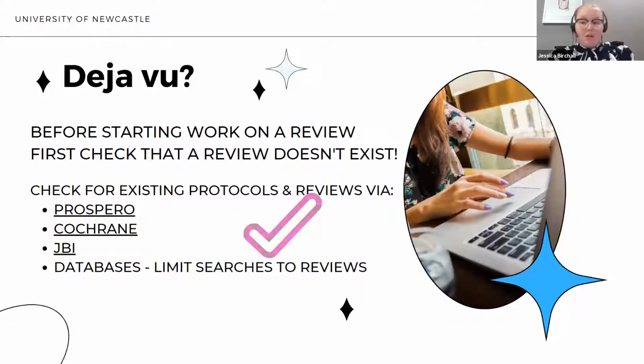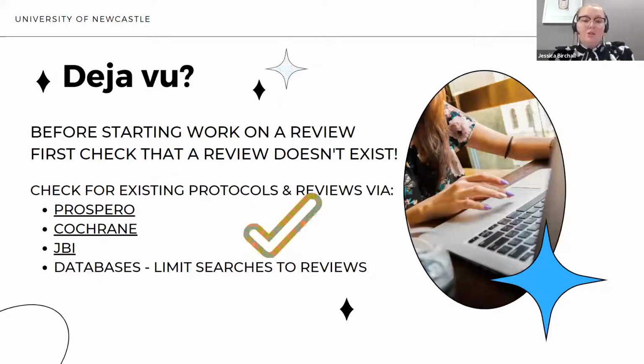Before you begin your systematic review, once you've developed your topic, have a look to see if there are other systematic reviews or protocols that are already out there or that are being worked on. You don't want to get to the end of that really long journey and then find out that this research already exists.